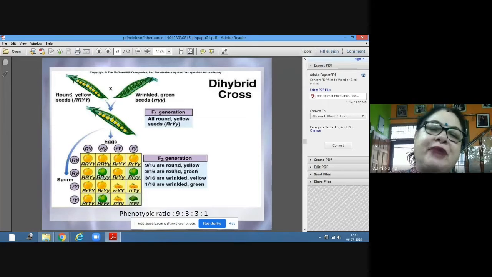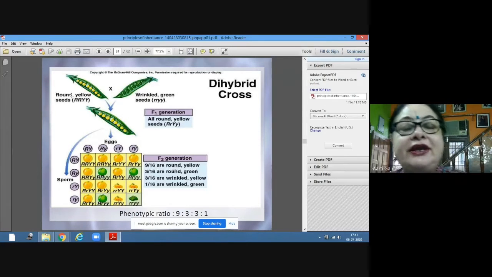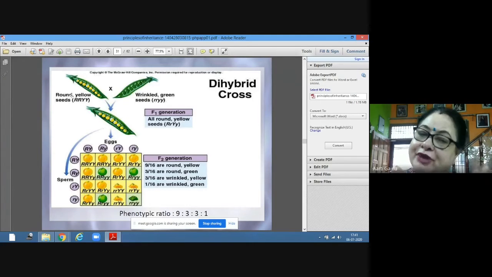Similarly, wrinkled is separated individually, and green is not depending on wrinkled. So wrinkled and green are also not depending on each other when the gametes are formed. So their segregation at the formation of gametes is independent of their association.